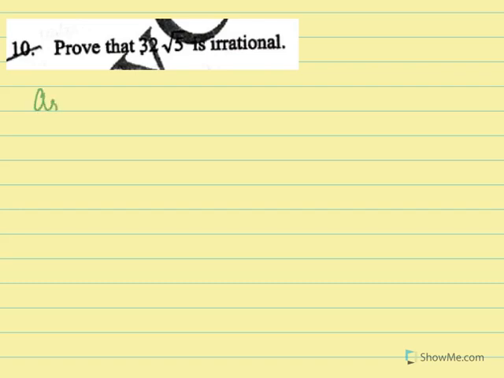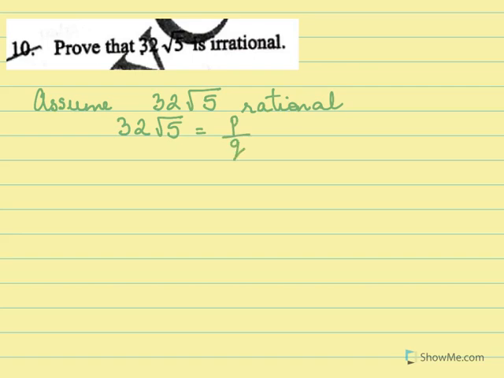Prove that 32 under root 5 is rational. So we assume 32 under root 5 as rational, and if it is rational, we can write 32 under root 5 as P over Q, where Q should not be equal to 0. So when I cross multiply now, I get under root 5 equal to P over 32Q.